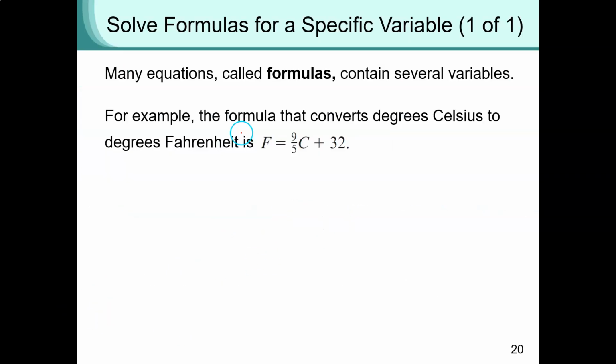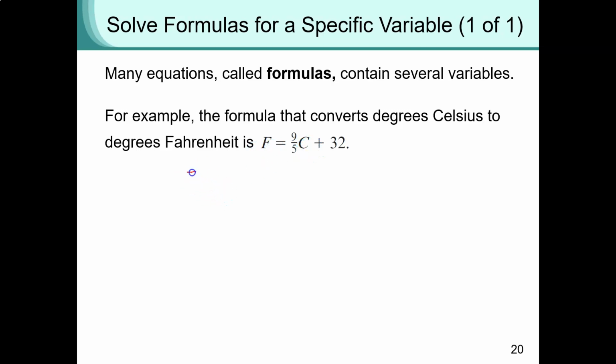Okay, now we look at the last topic in this section. We call it the formula equation. So many equations we call formula equations contain several variables. So you have many unknown variables inside of your equation. For example, this is the degree Celsius to Fahrenheit equation.